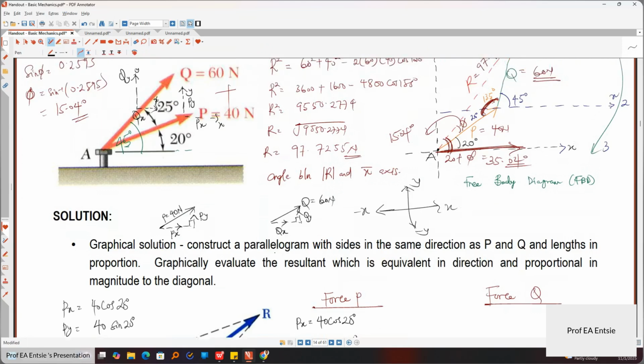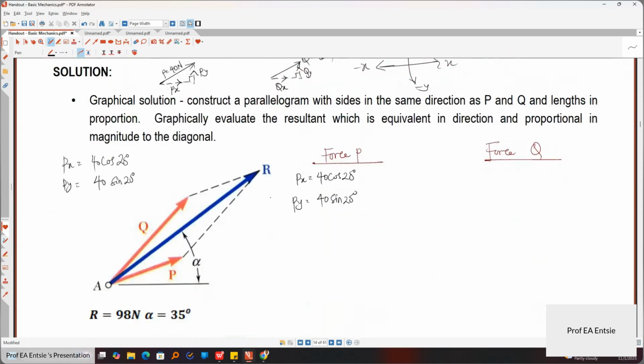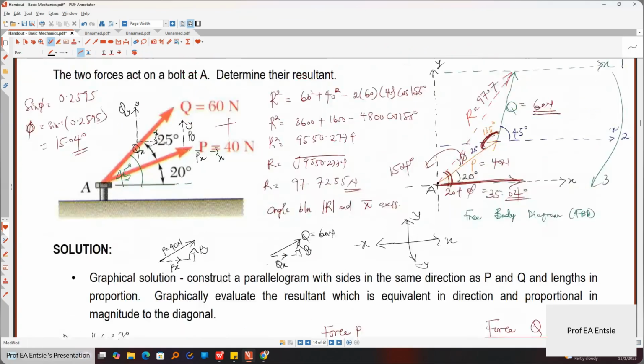Go and do the resolution for Q. So Qx against Qy. For Qx, you have the resultant of Q to be 60. And what is the angle that Q makes with the horizontal? It is 25 plus 20, which is 45.